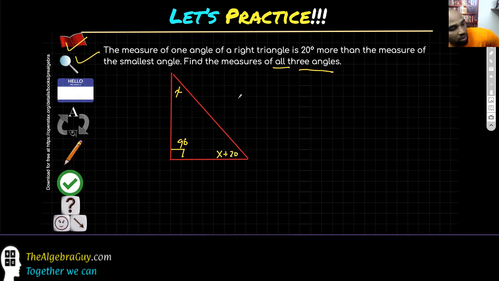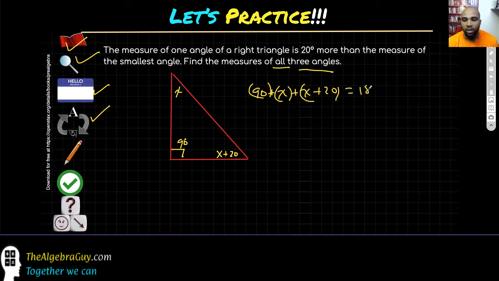But they actually want to know what the answer is, right? So how are we going to give an equation for this one? We're going to say all these add up to 90 plus X plus X plus 20. So I got one angle here, another angle here, another angle here, all add up to 180.